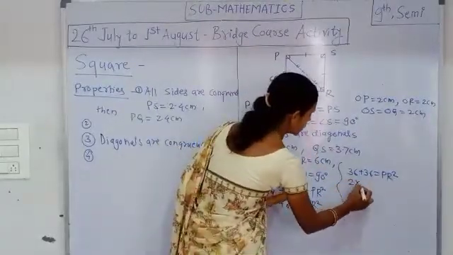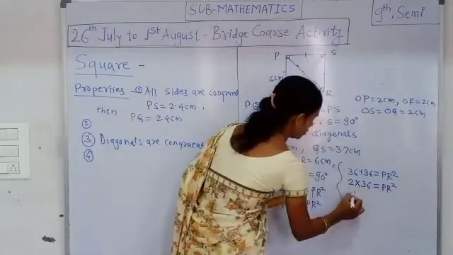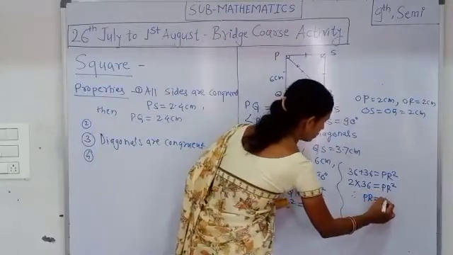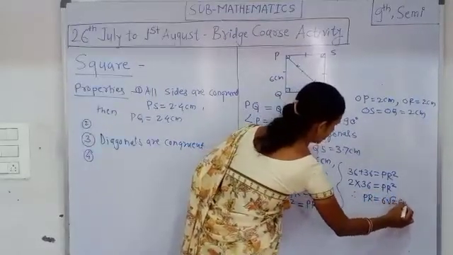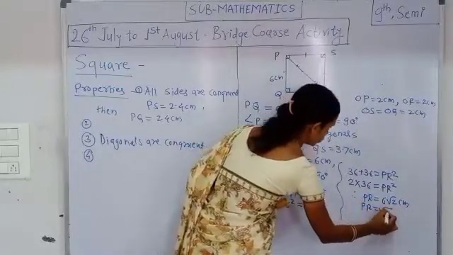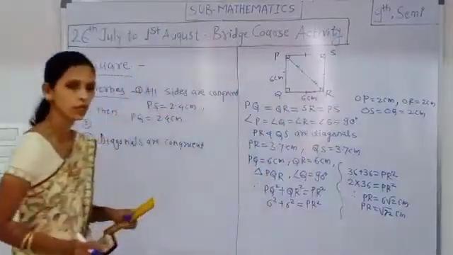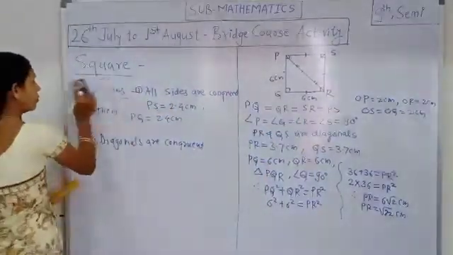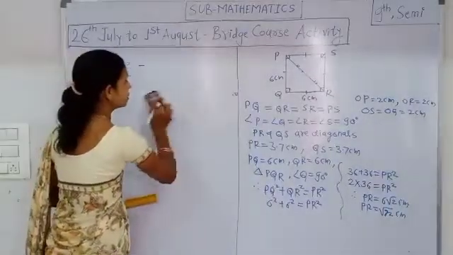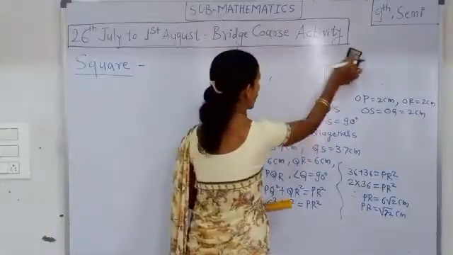Then 2 into 36 is equal to PR square. Taking square root on both sides, PR is equal to 6 root 2 centimeter, or we can write PR is equal to root 72 centimeter. That is all about the properties and examples based on the quadrilateral square.